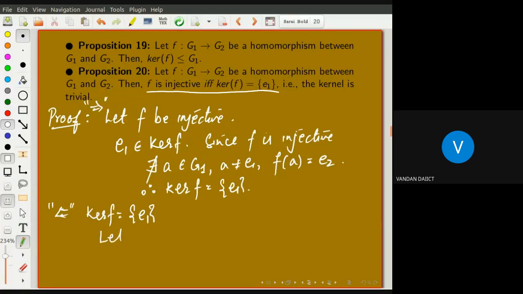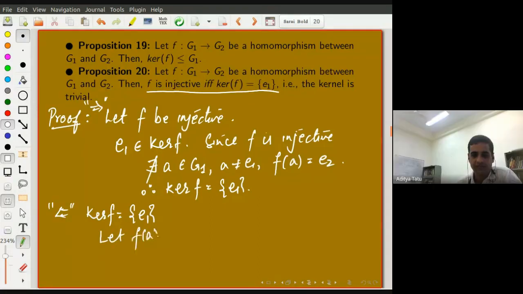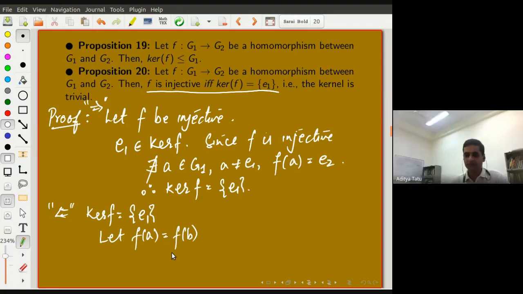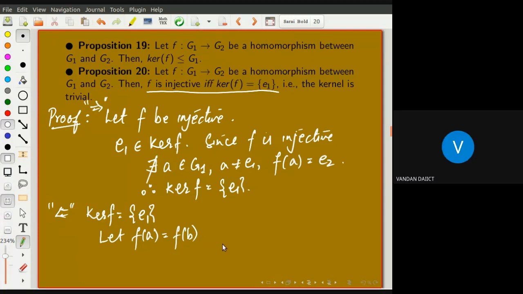Let's say F of A equals F of B. Then what do we have to show? A equals B. So we need not even look at contradiction. Let's try to show that. So let F of A equal F of B. Then A and B are elements in G1. So according to the closure property, A dot C will be equal to B.